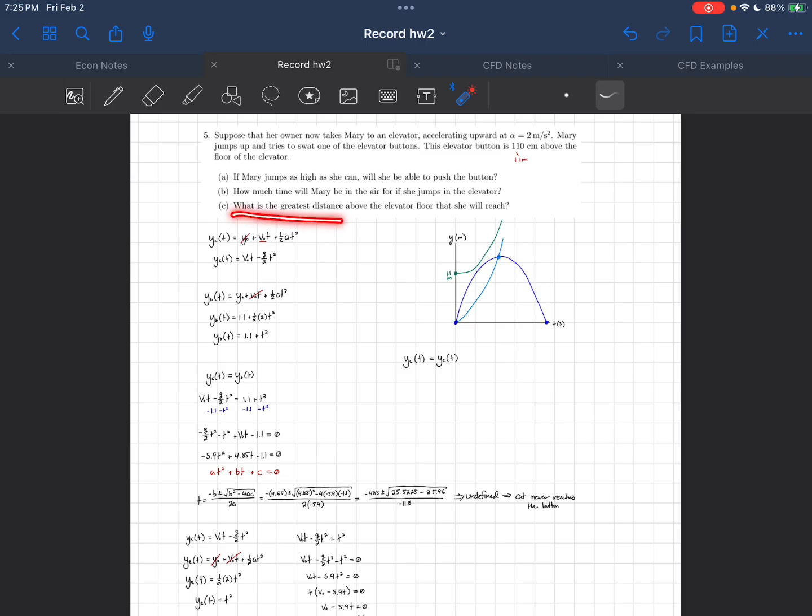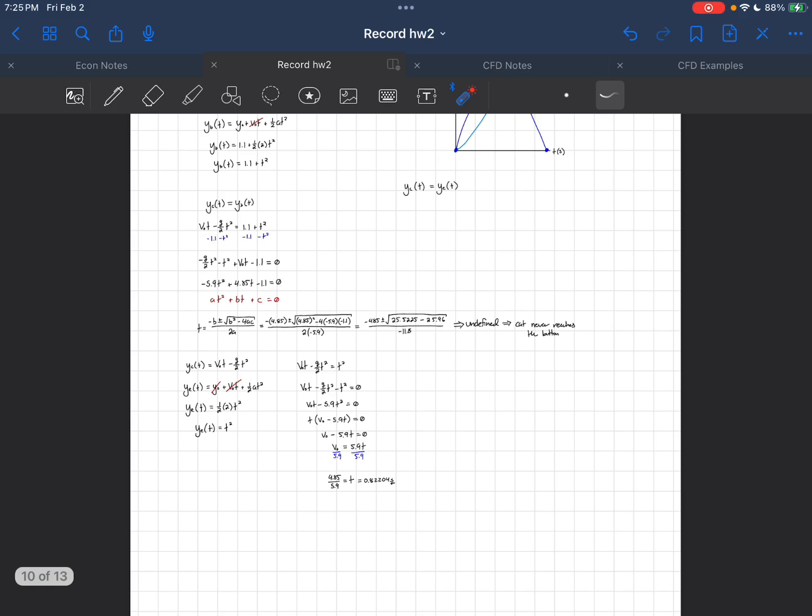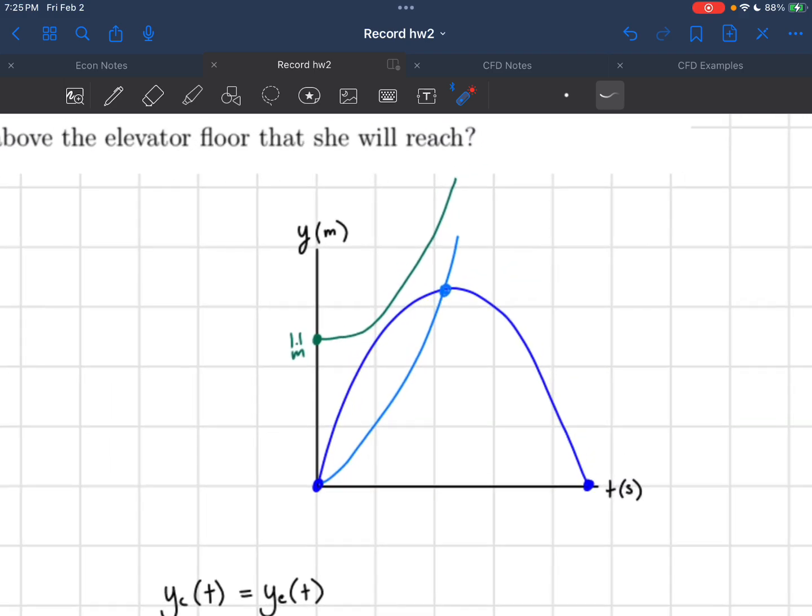Now we need to figure out the greatest distance above the elevator floor that she's going to reach. This is trickier because the greatest distance above the floor might not be where her velocity is 0. We can't just use the same method that we did before because we can't just set her velocity equal to 0 and say that's going to be her highest point, because clearly the elevator floor could be, like, that could be when she's landing.